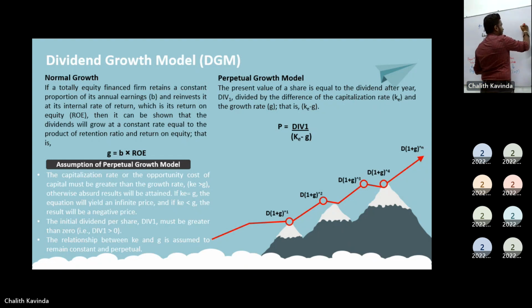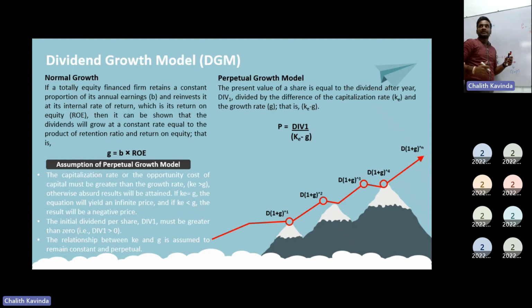Let's say the price of the share equals next year's dividend, if it is a perpetual growth, divided by cost of equity minus growth rate. This is your discount rate minus growth rate. Let's assume.